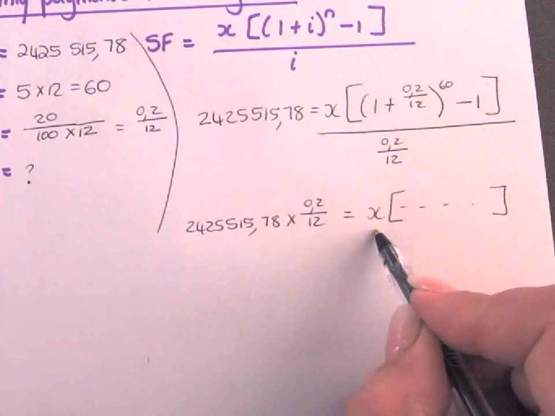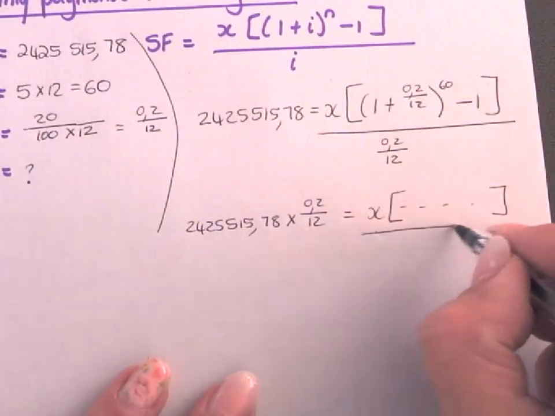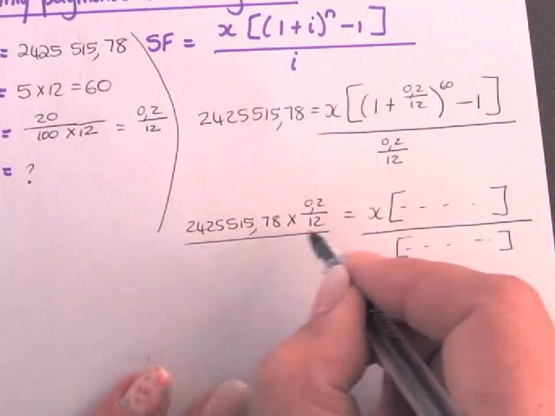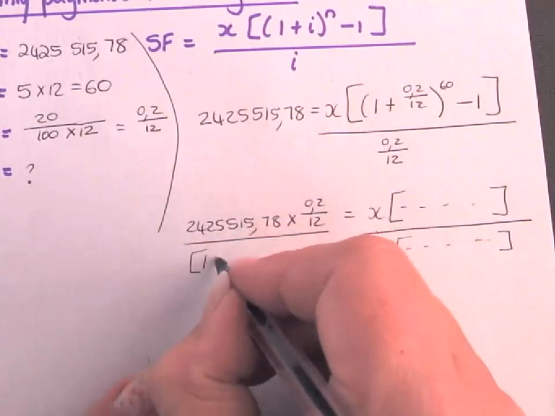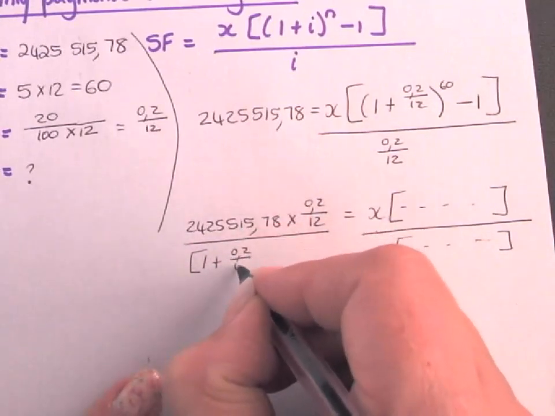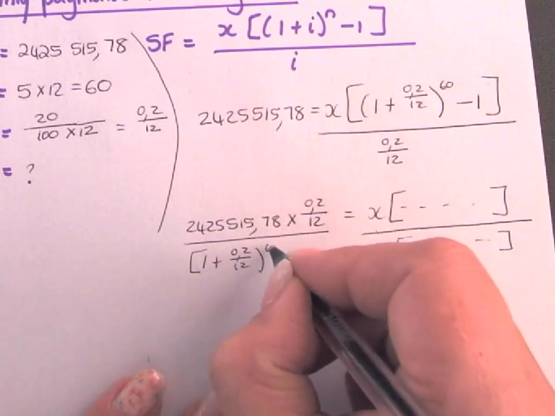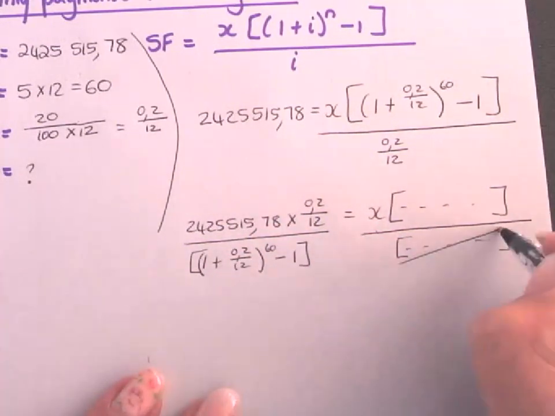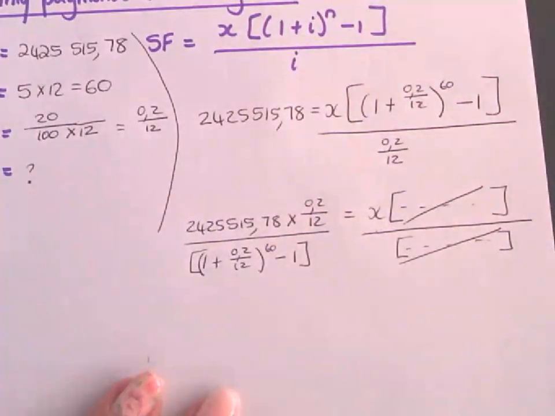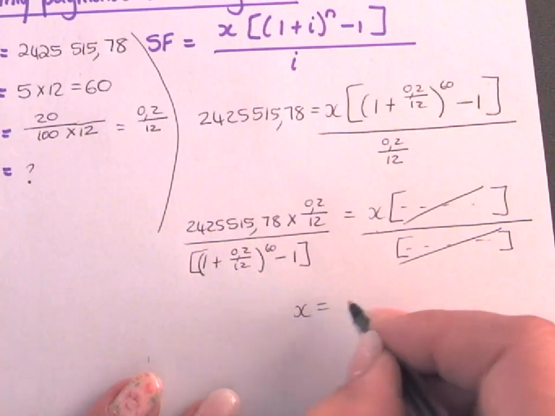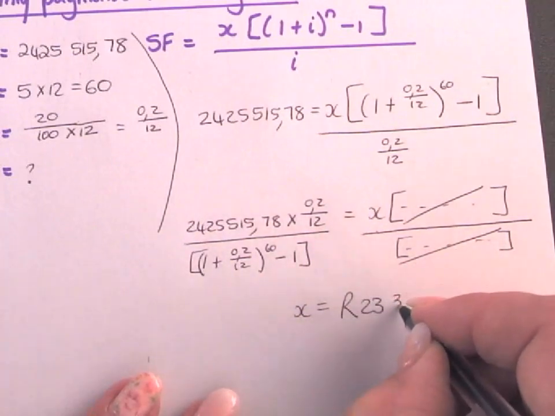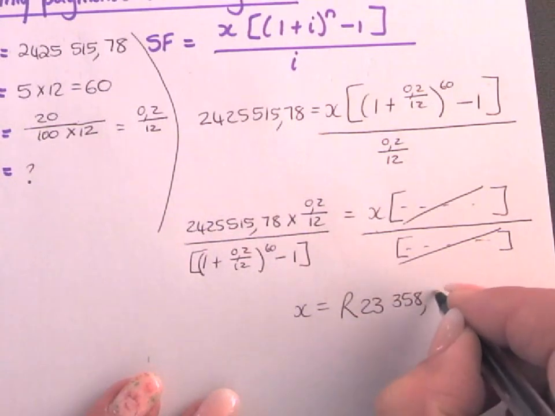But I want X alone, so I'm going to divide by the square bracket and divide by the square bracket. Then these two brackets cancel out and you're left with X. So X will eventually be 23,358 Rand and 3 cents.